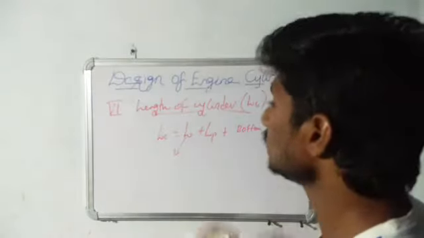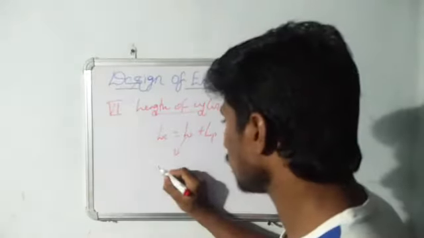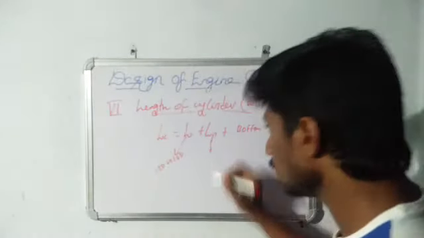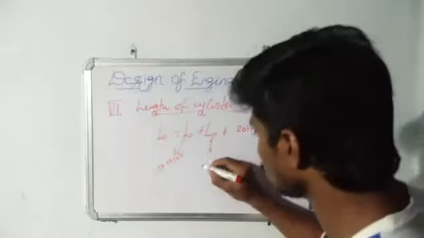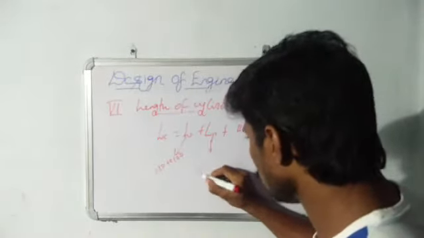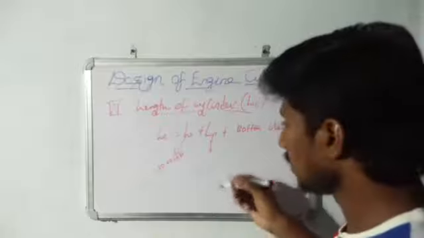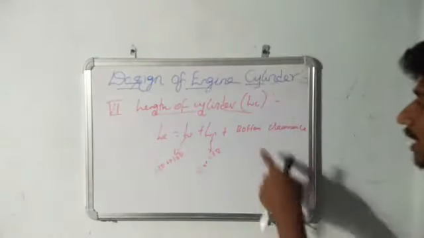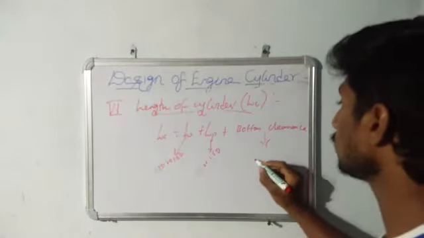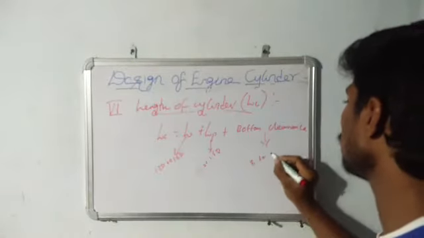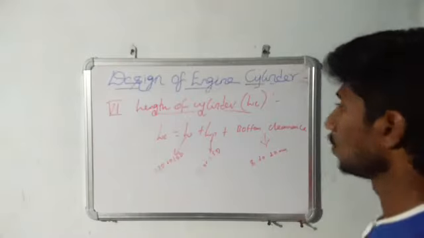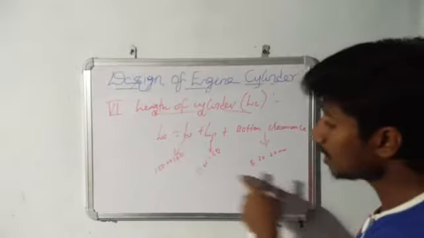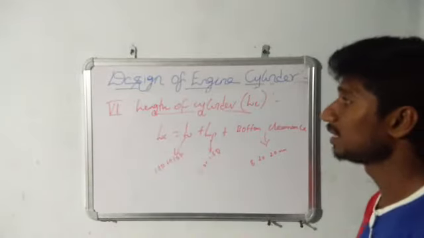Here L is the length of the stroke, in the range of 1.0D to 1.6 times D. LP is the length of the piston, equal to the diameter of the cylinder or 1.5 times the diameter of the cylinder. The bottom clearance is a standard value between 8 to 20 mm. When we know all these values, it is easy to find the length of the cylinder.